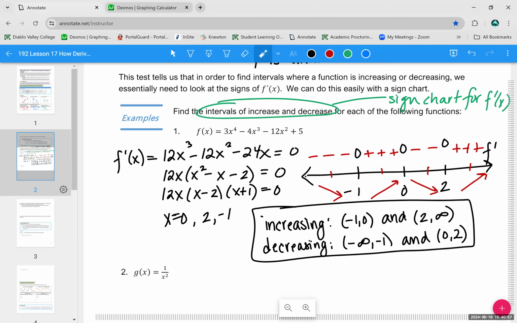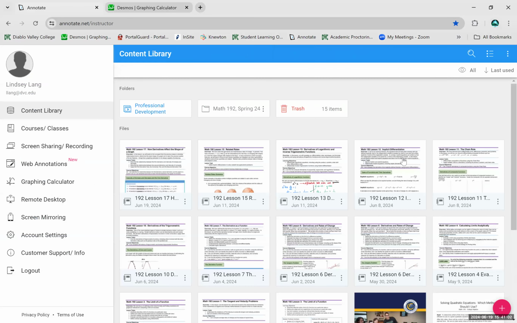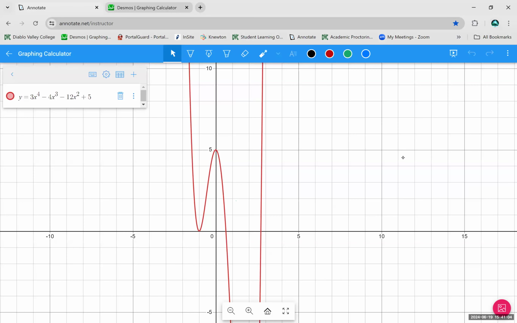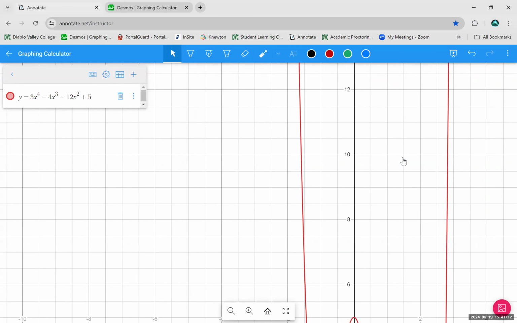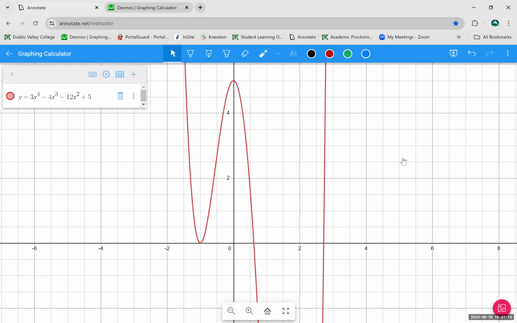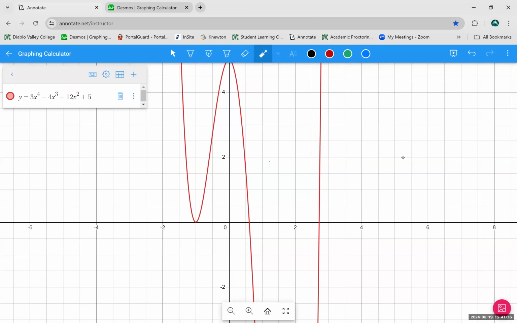Again, I don't know what this graph looks like off the top of my head, but I did throw it into the graphing calculator, and I can see that this function is decreasing pretty much. I mean, it's going to go on forever. So it's decreasing up until, looks like that's a -1. And then it increases to 0. Then it decreases. Oh, where does it stop decreasing?